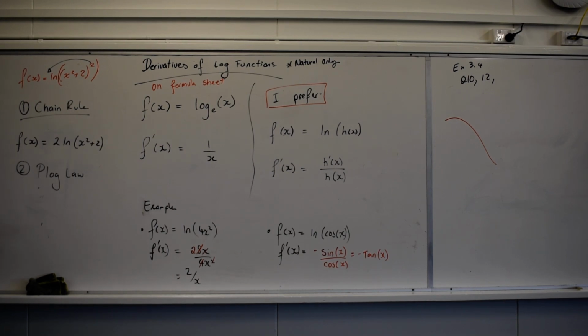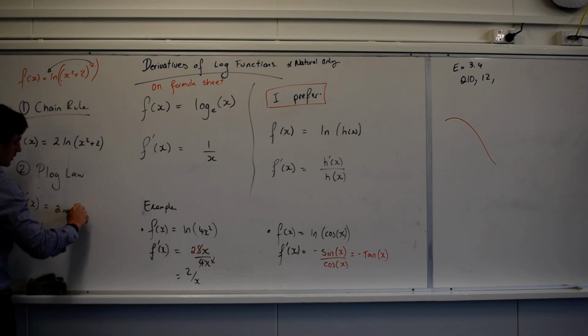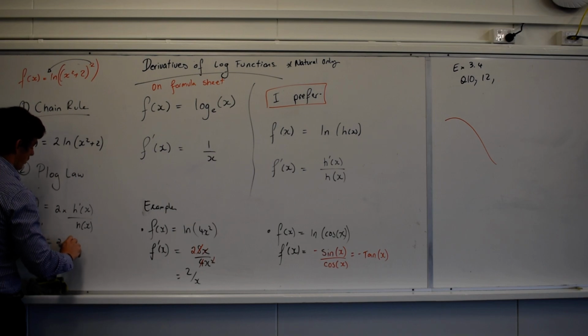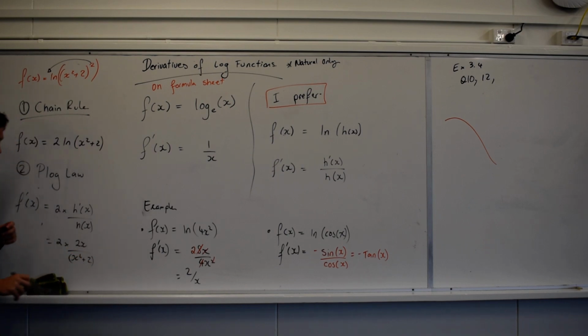So with our constants at the front, they just stay, and we multiply them after we've derived it. So you're saying f dash x would equal 2 times h dash x over h x, which would equal 2 times 2x divided by x squared plus 2. Yeah, and then at the end you bring it. Cool, great. It's just a coefficient or a constant at the front.